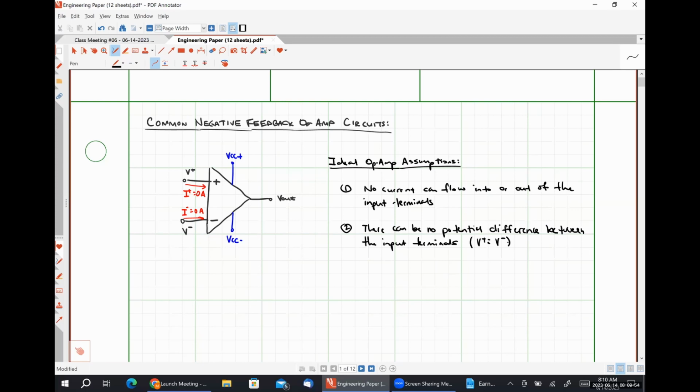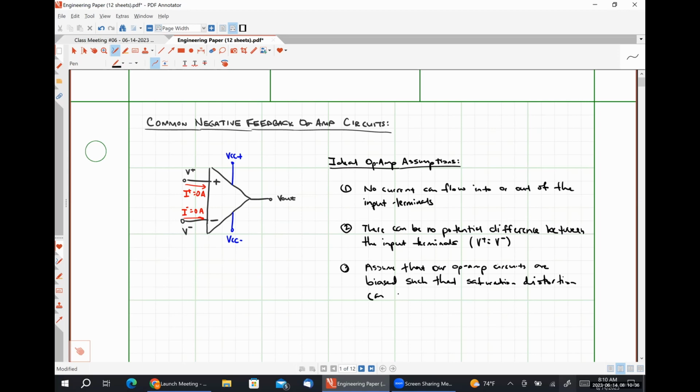Okay. A third assumption that we are going to make, this isn't really having anything to do necessarily with ideal op-amps, but we are going to assume that our op-amp circuits are biased such that saturation distortion doesn't happen.